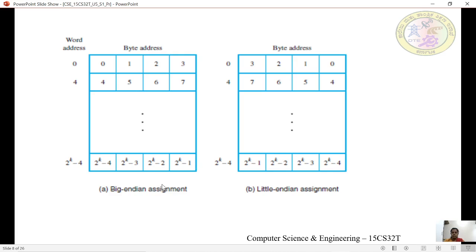So the big-endian arrangement can be used in the 68000 processors, and Intel processors use the little-endian arrangement. Then there is the ARC processor, which can be configured to use either of these arrangements. So the ARC processor can use big-endian assignment as well as little-endian assignment.